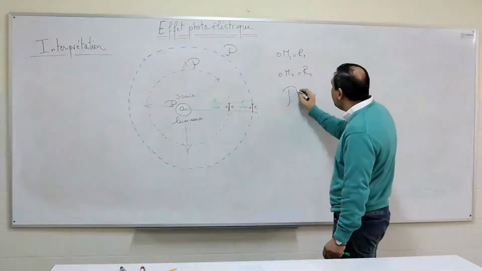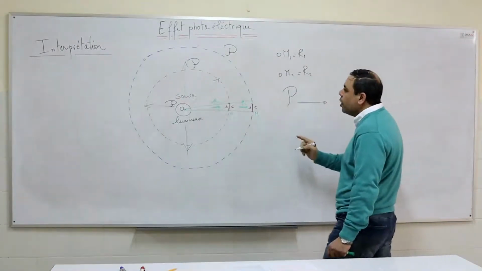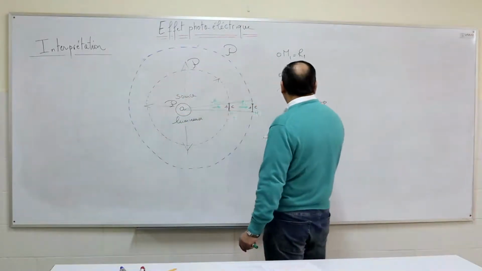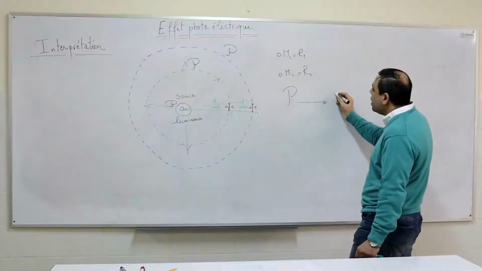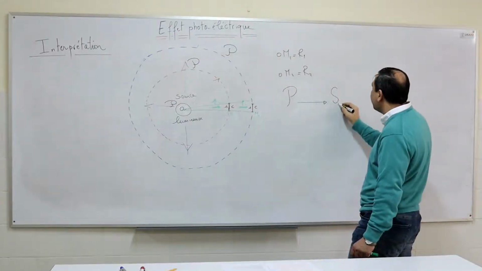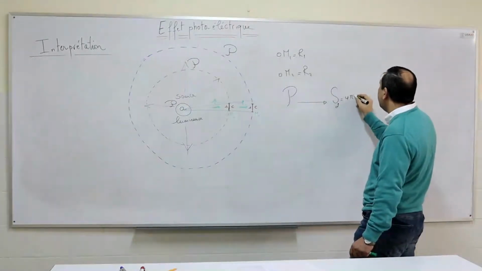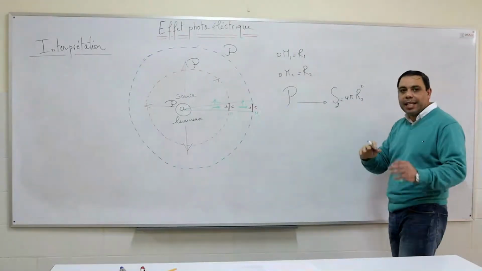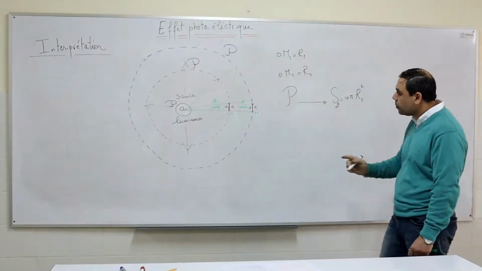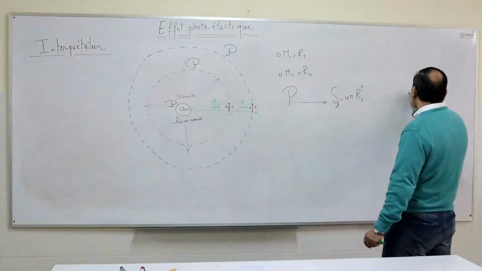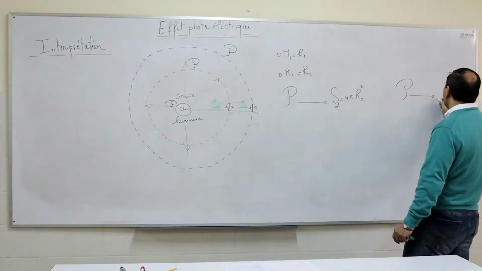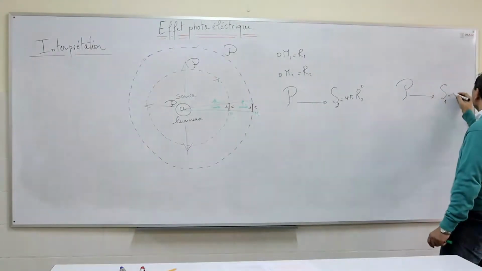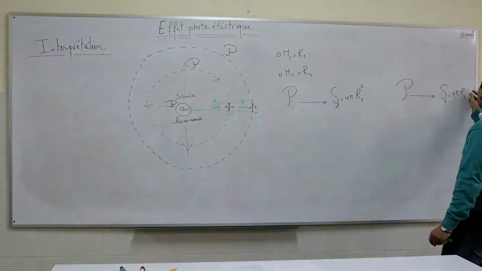Then the power is distributed uniformly on the sphere of center O and radius OM2, that is to say the surface area of the sphere is S2 equals 4 pi R2 squared, 4 pi R squared being the area of a sphere. In the other situation, the power is distributed over the sphere of surface area S1 equals 4 pi R1 squared.